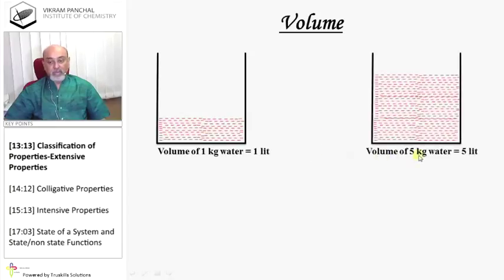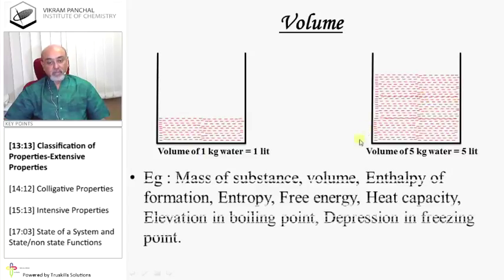But volume of 5 kilogram of water will be equal to 5 liter. And definitely these two are different. So, mass of substance, volume, enthalpy of formation, entropy, free energy, heat capacity, elevation in boiling point, depression in freezing point. These are known as extensive properties.